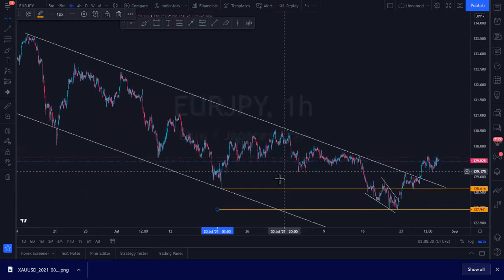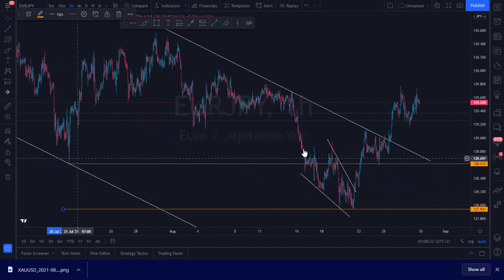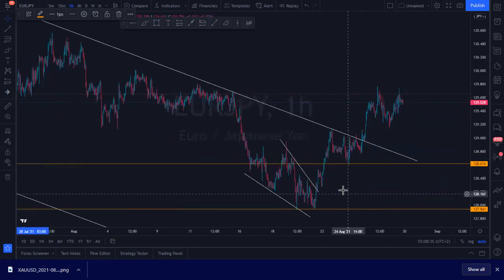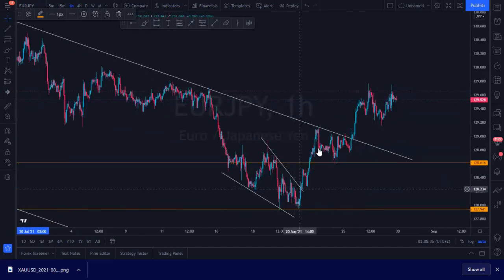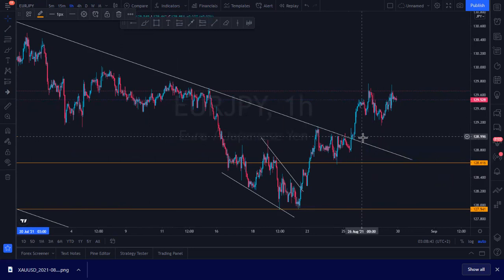As you can see, the price moved to the downside and gave us this wedge pattern, which was a reversal. The price moved to the upper side and started correcting at this level before it broke above this line.